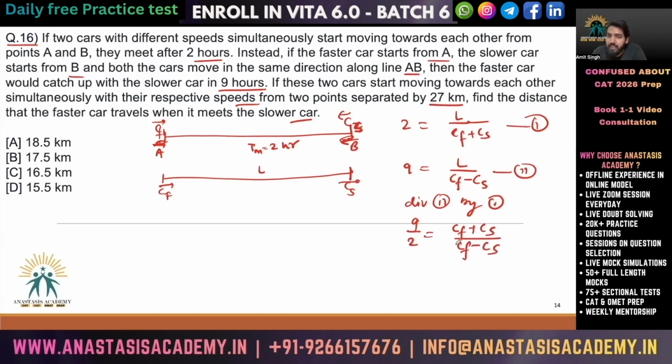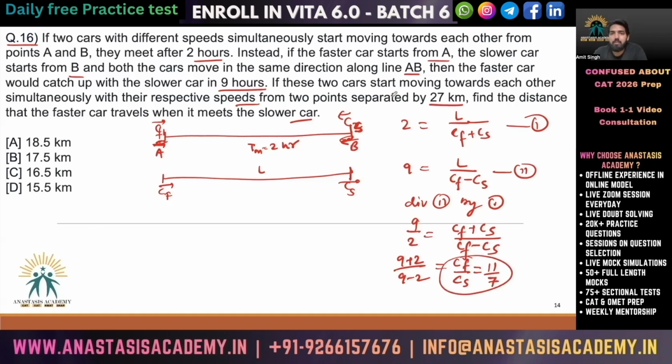Now, using componendo and dividendo, I can get the ratio of the speeds of these two cars, and that would be (9 plus 2) over (9 minus 2), and that is car faster upon car slower. So what is the ratio of the speeds of these two cars? It is 11 upon 7.